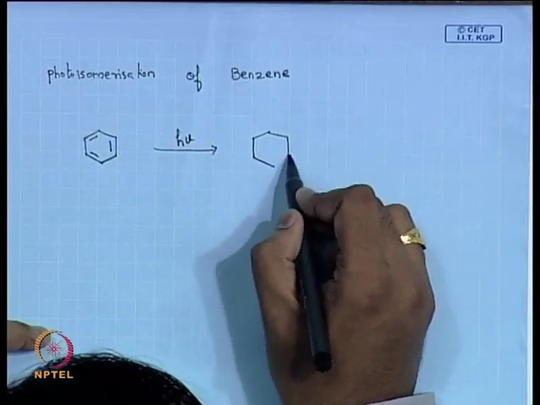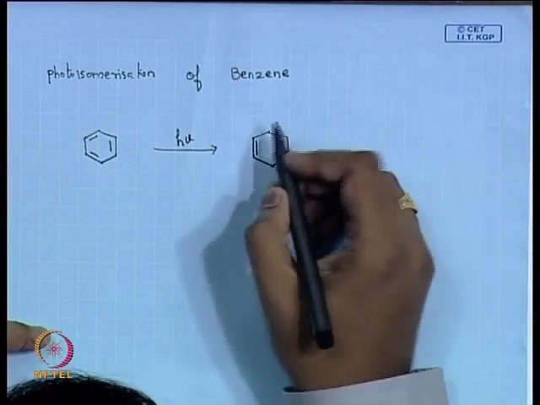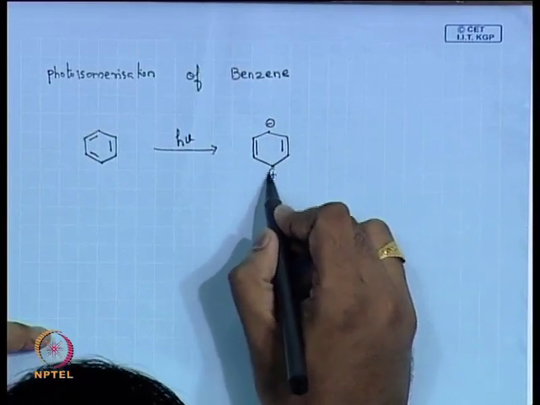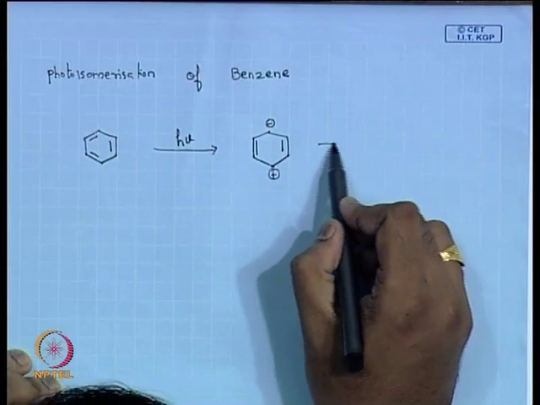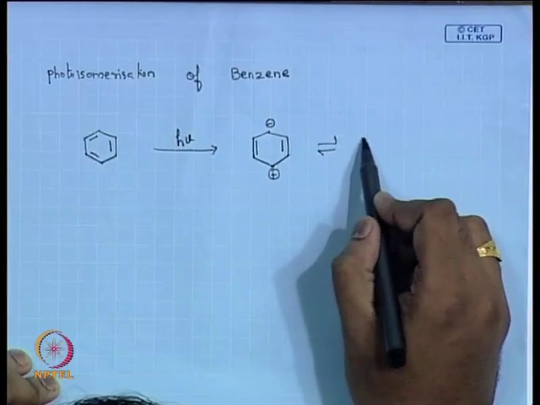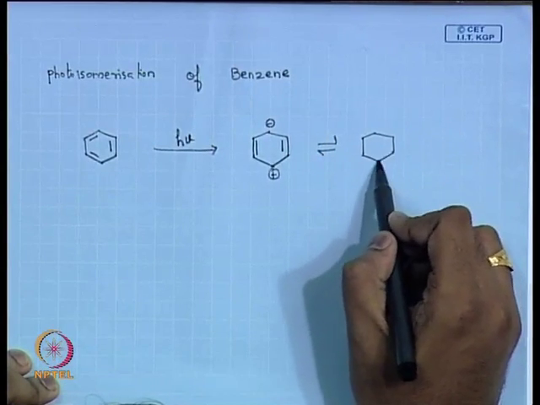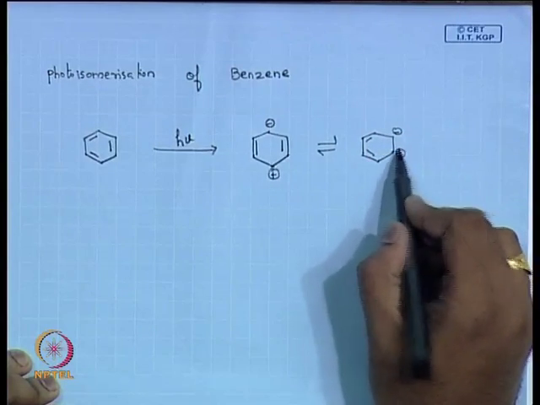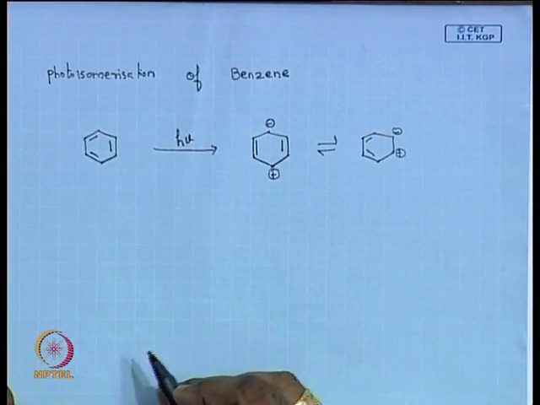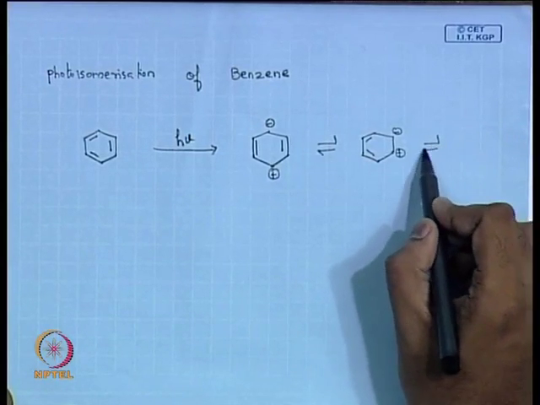See, when you take benzene, this is how it exists in your singlet state. Fine. So, I can write this state like this, it can also be written like this, it can also exist like this.